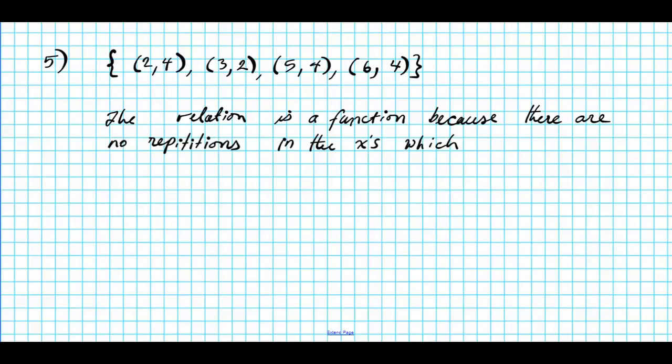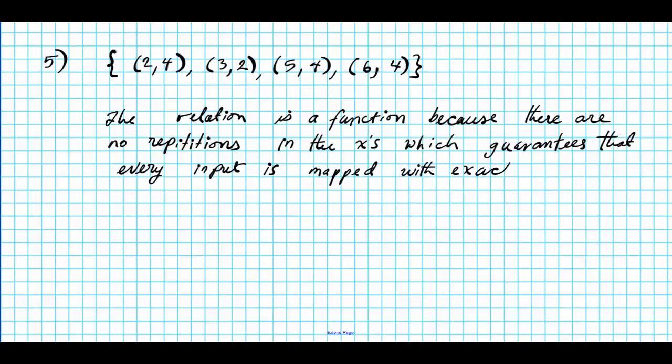Which guarantees that every input is what? Every input is mapped, or paired, with exactly one output. Okay, so this is in fact a function.